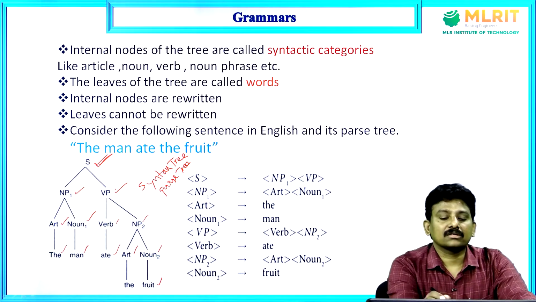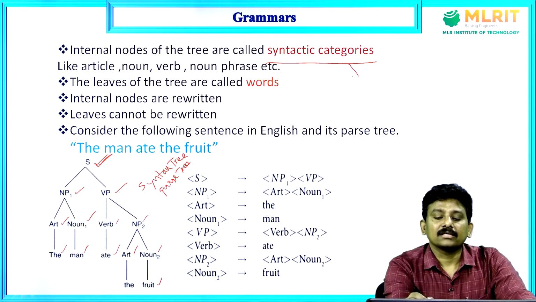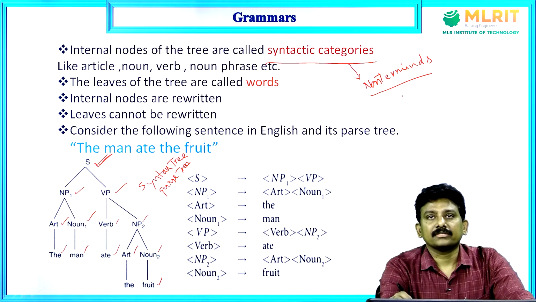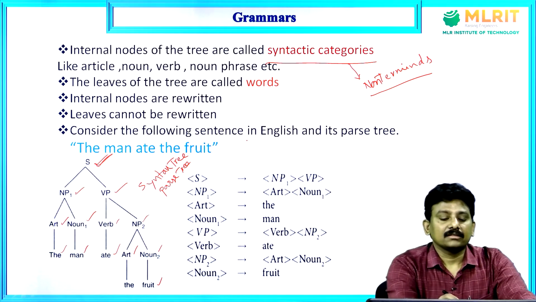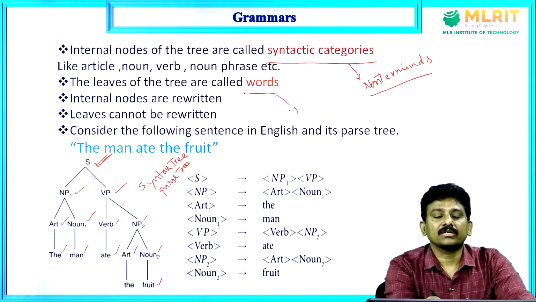The internal nodes are called syntactic categories, also called non-terminals. Non-terminals are represented by uppercase letters of the English alphabet. The leaf nodes are called words, also called terminal symbols.